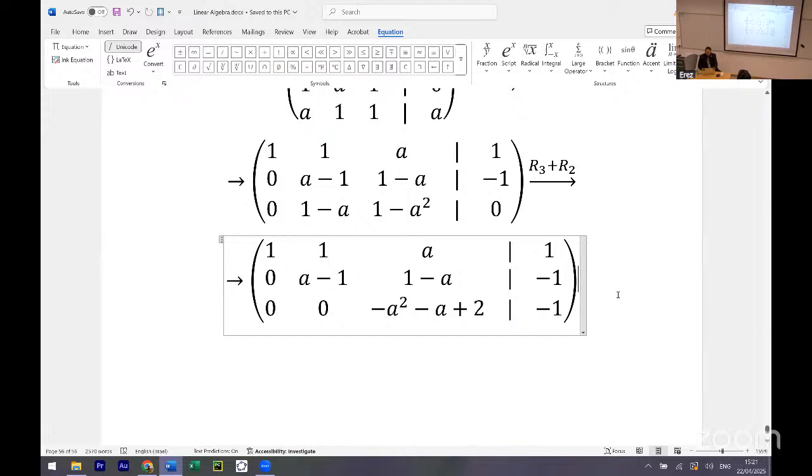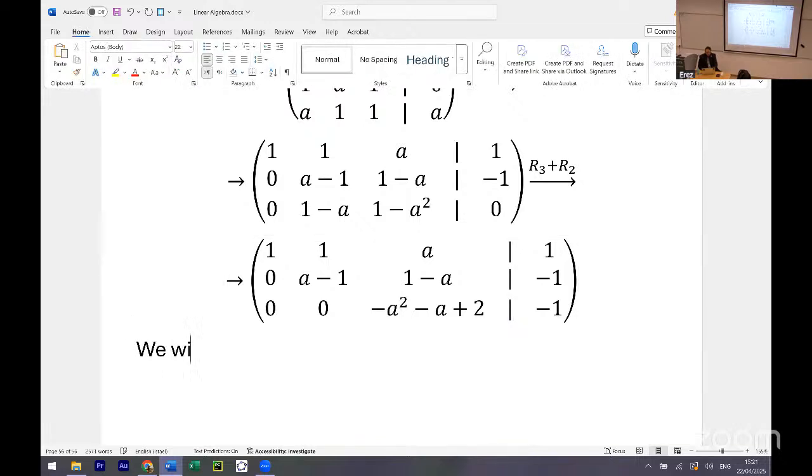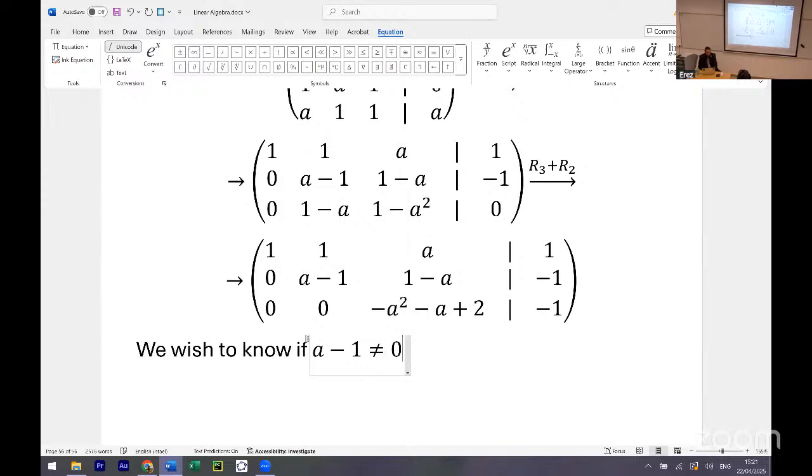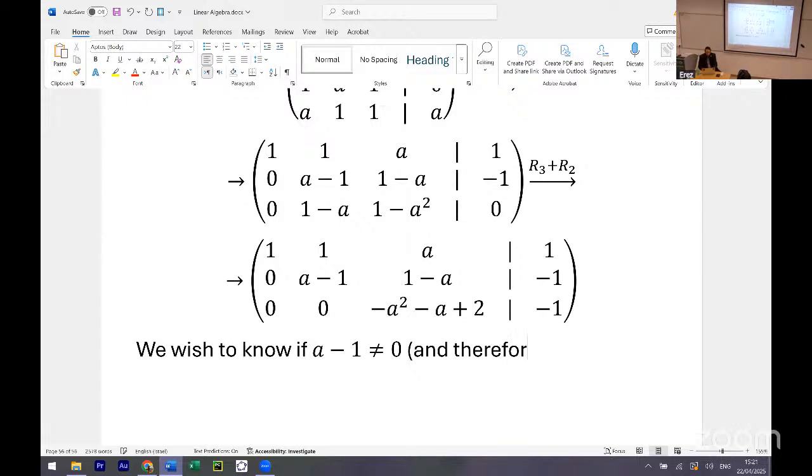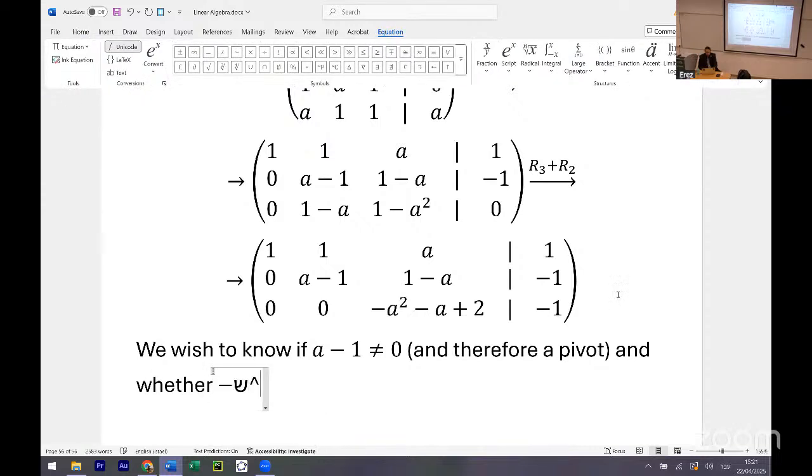So we wish to know if A minus 1 is a pivot, and whether minus A squared minus A plus 2 equals 0.